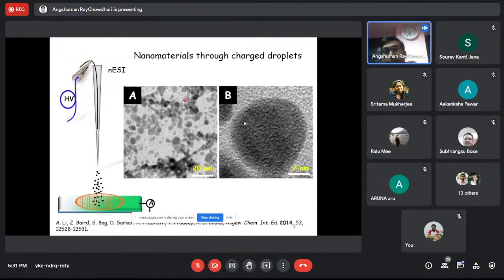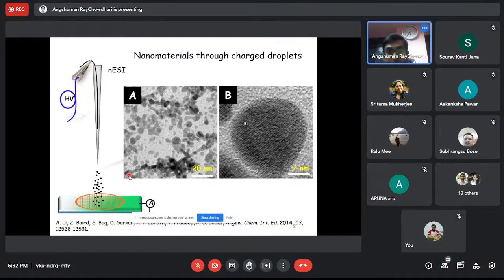You can see here that silver nanoparticles are formed. There is no need for any workup, because we give only the ions; no reducing agent or other chemicals are used, only silver ions in water, and we spray with some potential. The droplets are formed and reduced when they fall on the substrate, getting electrons from it. So Ag+ gets an electron and forms Ag0, producing the nanoparticles.